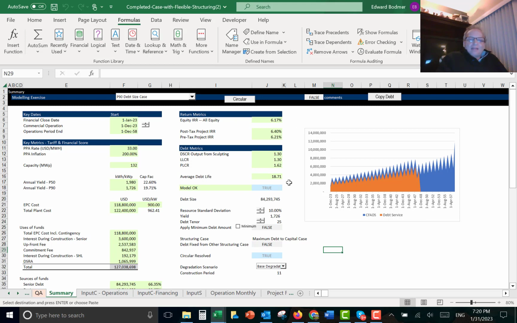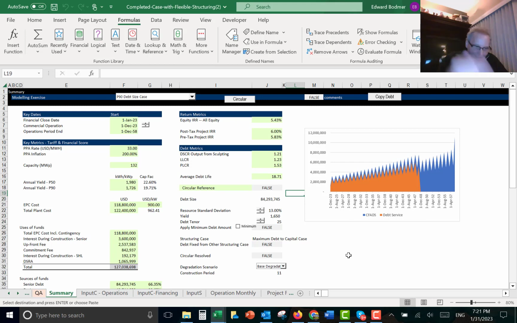And then if I would do something like increase the standard deviation, which is the issue we'll talk about in a minute, that means the cash flow goes down because the P90 is below the P50. And if we have a bigger standard deviation, we have a bigger difference between P50 and P90.